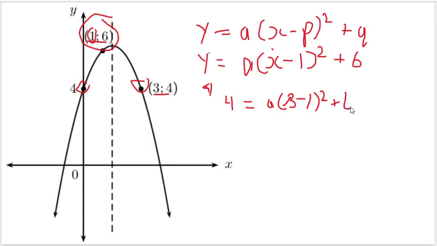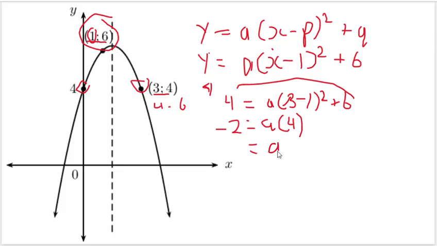Now we're trying to isolate the a. So the first thing we have to do is take the 6 to the left hand side. So 4 minus 6 gives us an answer of -2, while this is a. Here inside, that is 3 minus 1, which is 2. 2 squared gives us an answer of 4.